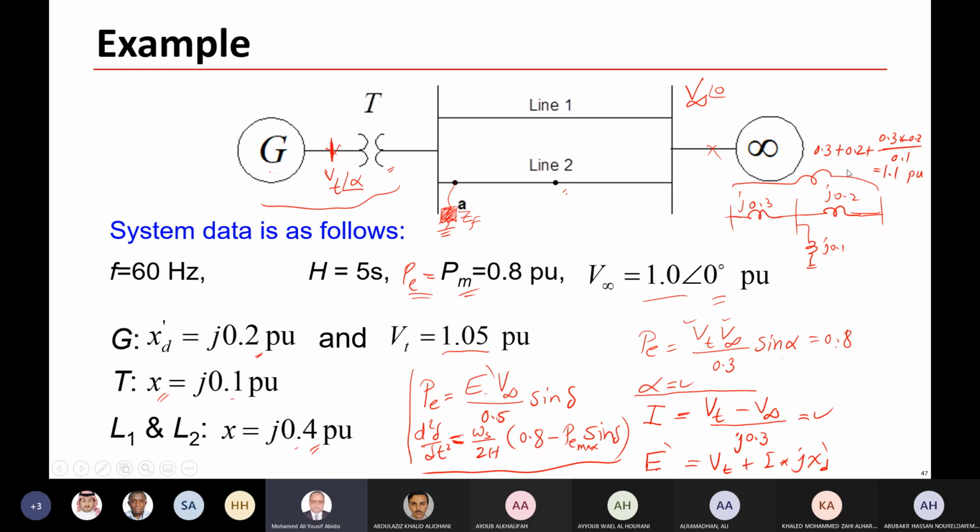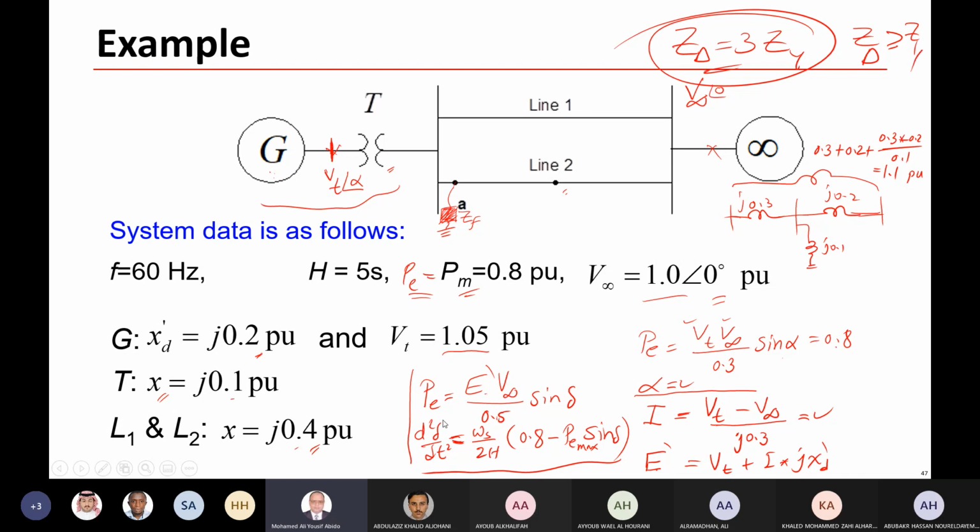We expect the impedance of the delta to be greater than the impedances of Y. Just to check, you may use a different formula from Y to delta or delta to Y, so you can mix. But keep in mind that Z delta is equal to 3 times Z Y for a balanced system or balanced load with equal impedances. Usually Z delta is much greater than Z Y, just to check.